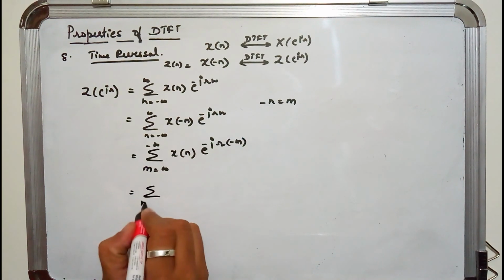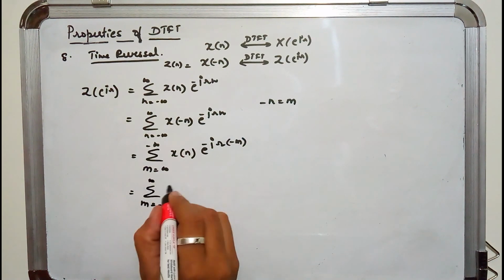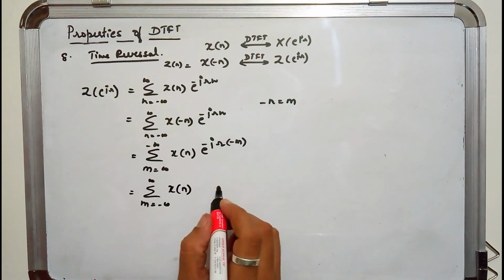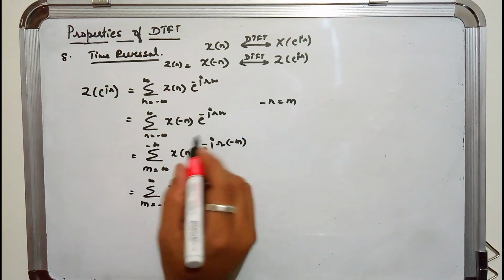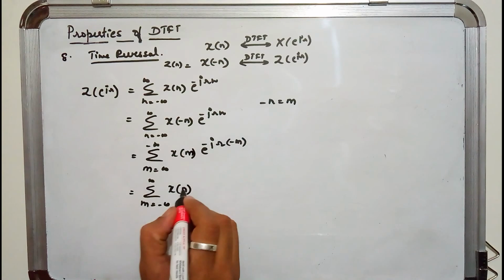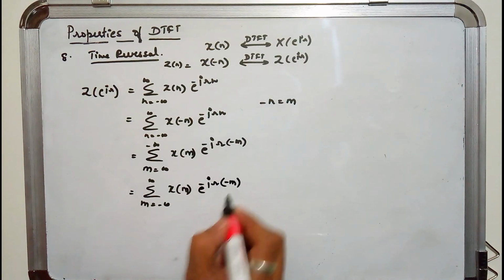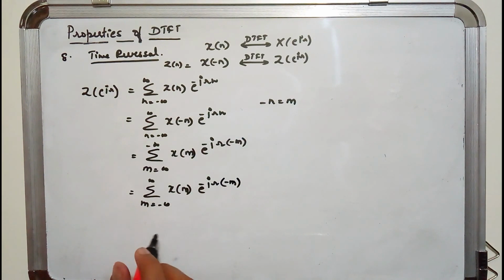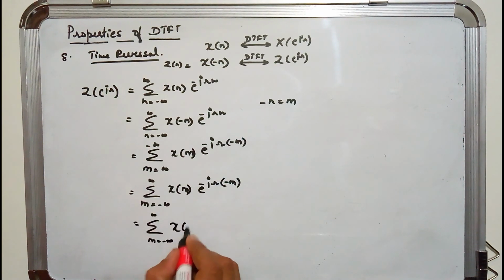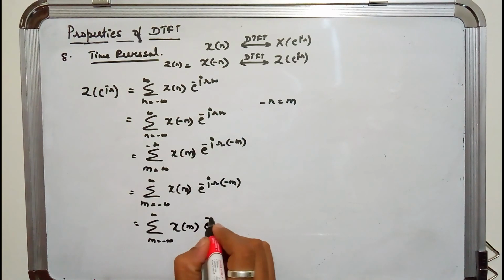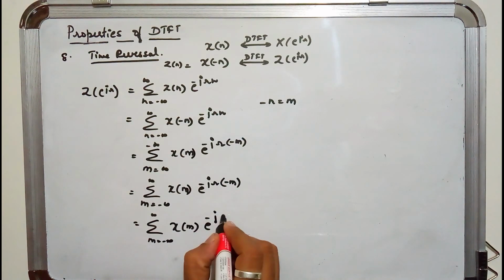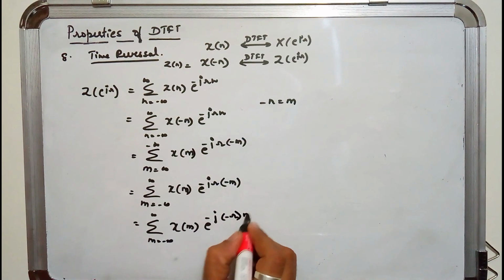So you get summation m equal to minus infinity to infinity x of m e power minus j omega into minus m. I can write it as x of m e power minus j into minus omega into m.